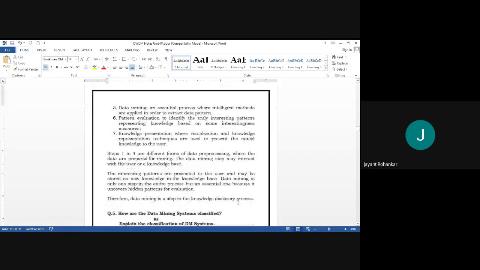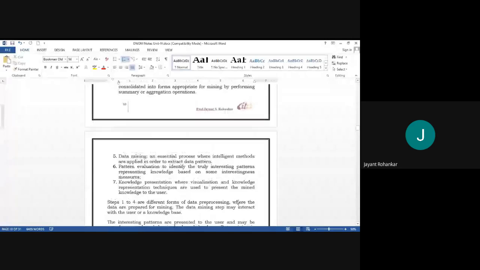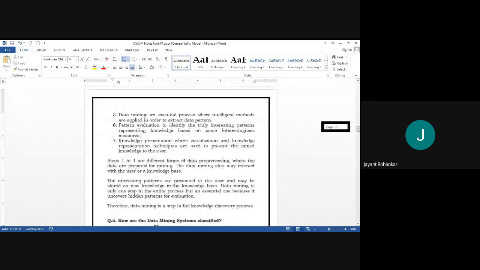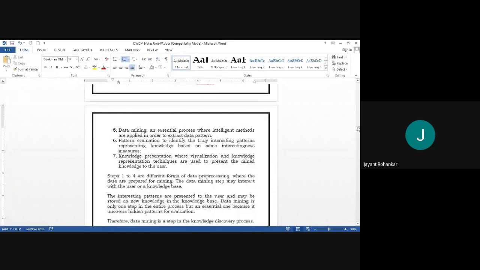Here step 1 to 4 are different forms of data pre-processing, where data are prepared for mining, and data mining steps may interact with the user or knowledge base.